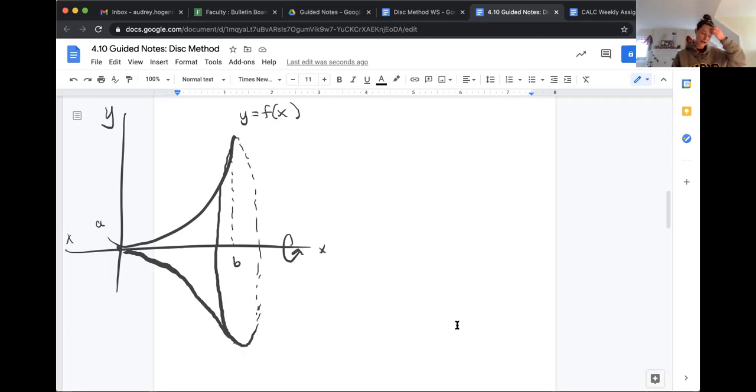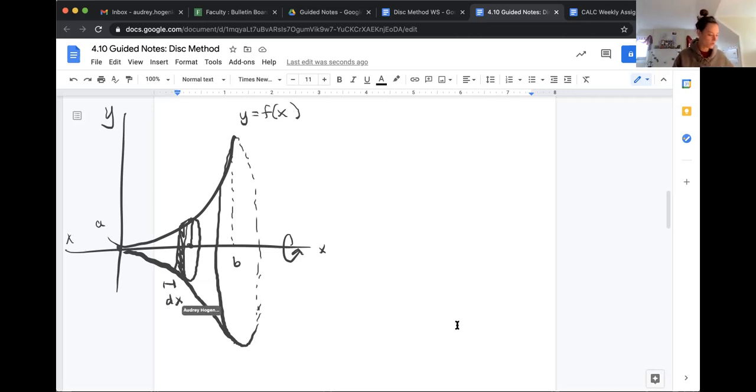Okay, and so there is our generalized figure, and then I'm going to draw another small little disc in here so we could really focus in on a part of it. So here's my little disc right here, and I'm going to add some depth to that disc, make it really 3D. And again, we're going to call that depth dx.